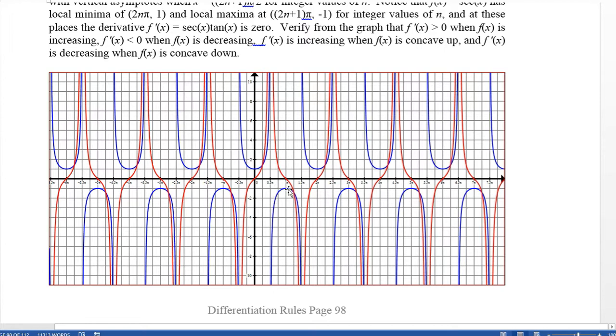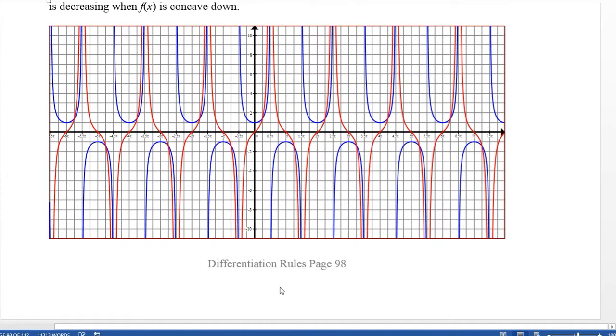As you look at this next piece, say from pi over 2 to pi, we see that the original function is increasing, so the derivative is still positive, but the function is concave down, so the derivative is decreasing. Whereas this piece right here, say between negative pi over 2 and pi over 2, the original function is all concave up, so the derivative function is increasing. Okay, so you can see some of those basic things. Also notice that where the original function has a vertical tangent line, so does the derivative.